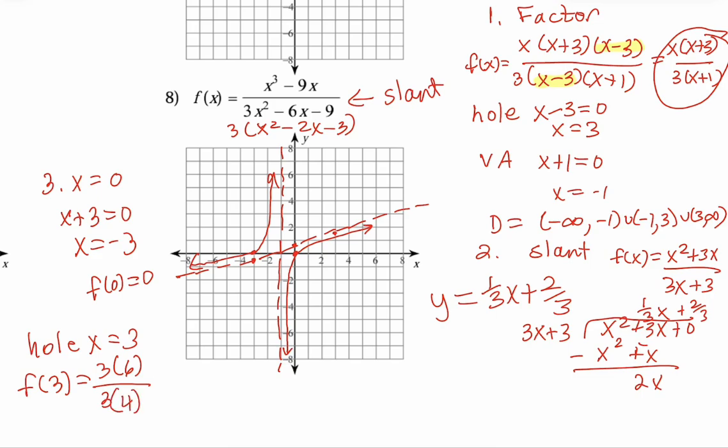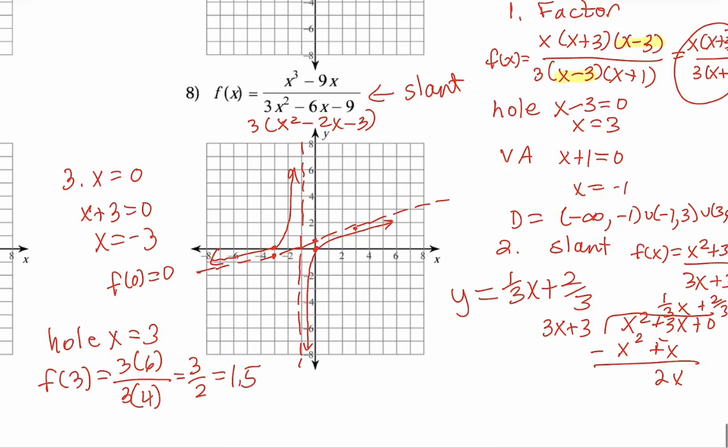You get 6 over 4, which is 3 over 2, or 1.5. So go over to the graph at the point 3, 1.5, put a hole. So over 3 and 1.5. 1, 2, 3, 1.5. Put a very kind of exaggerated hole.